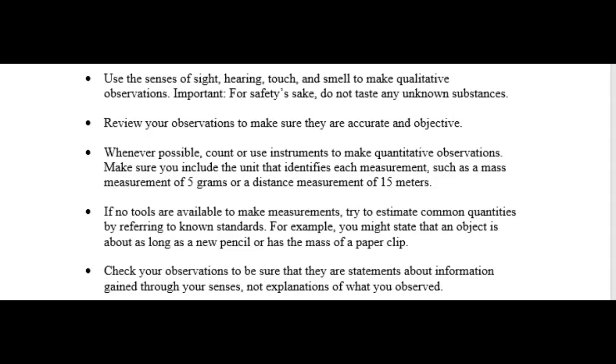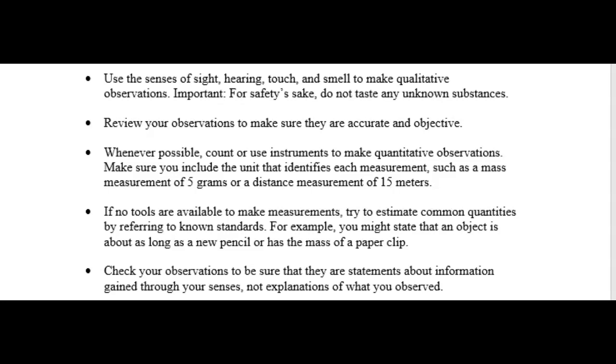Third bullet point, whenever possible, count or use instruments to make quantitative observations. Make sure you include the unit that identifies each of the measurements, such as mass of 5 grams or a distance of 15 meters.